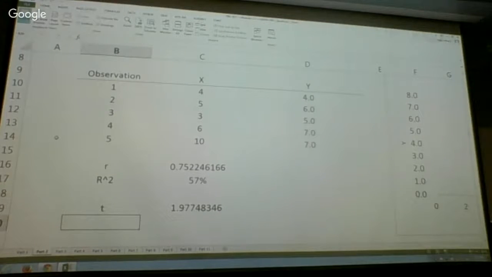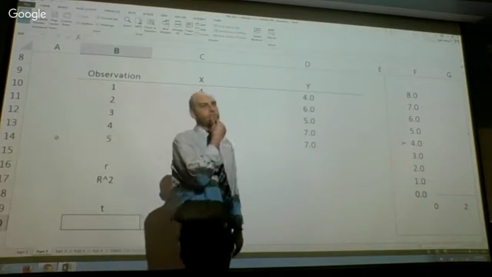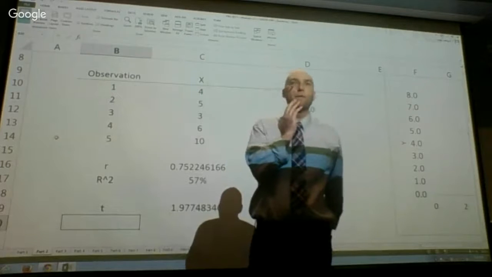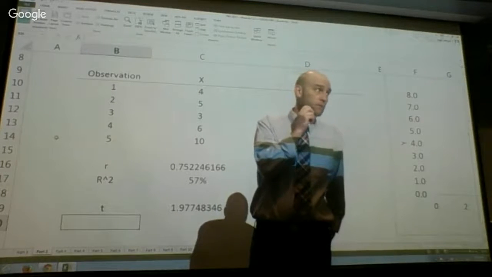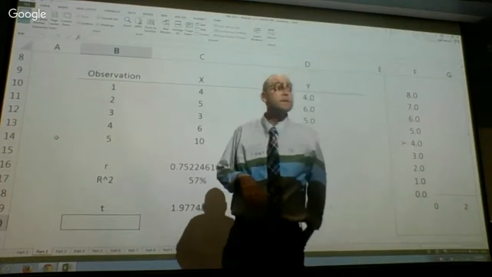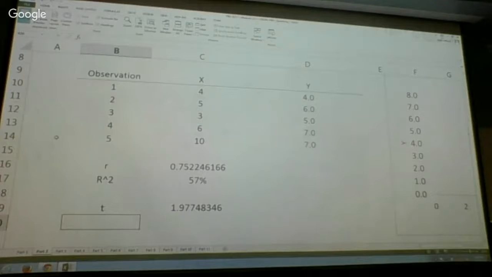Okay. Given y hat equals a plus bx, we got to calculate a value for b. There's a couple of ways we can go about doing this. Now this is homework help. I can help you do the homework. I can help you prepare for what it takes to execute these problems on something like a quiz.